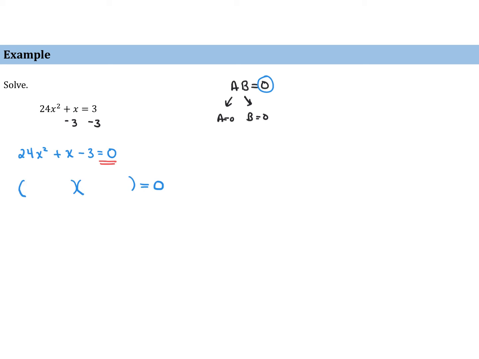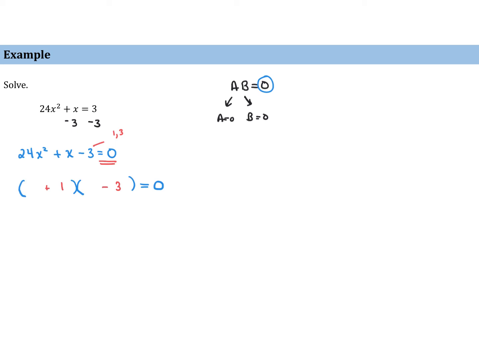So the signs here will be different because I'm multiplying to give a negative 3. So I should put plus, minus. Now there are only a few ways to get 3, and that's a positive 1 and a negative 3, or a negative 1 and a positive 3. So I'll try plus 1 minus 3. That could be wrong.